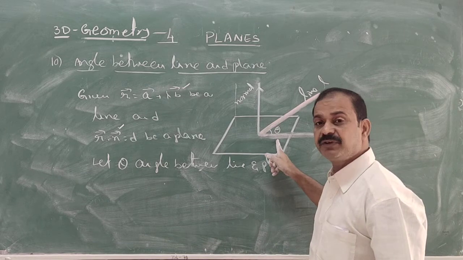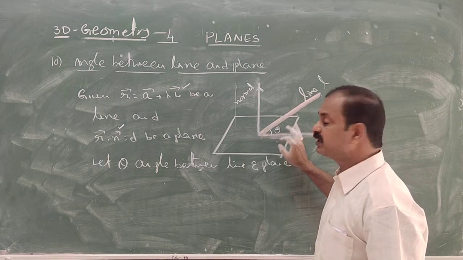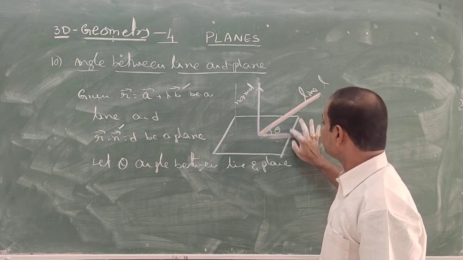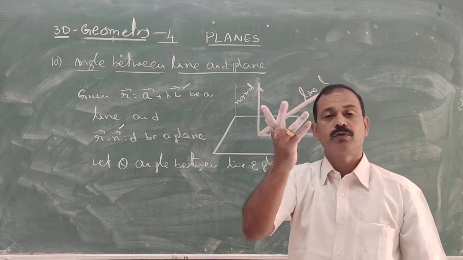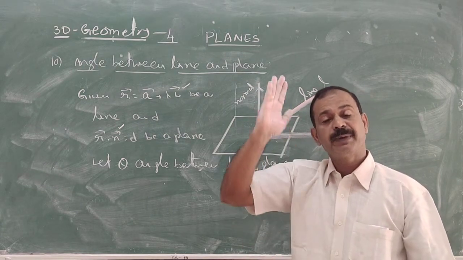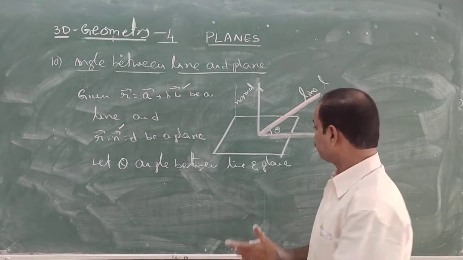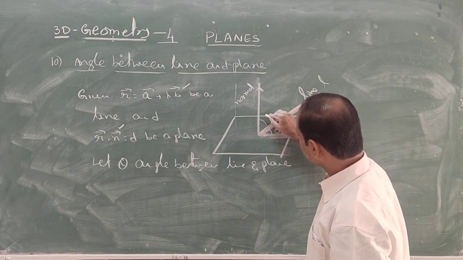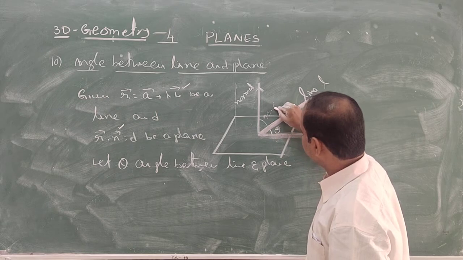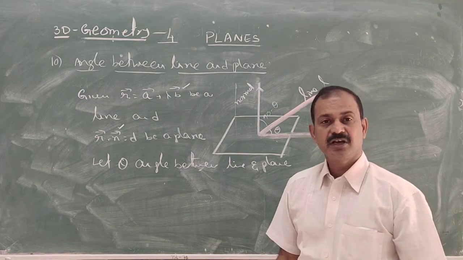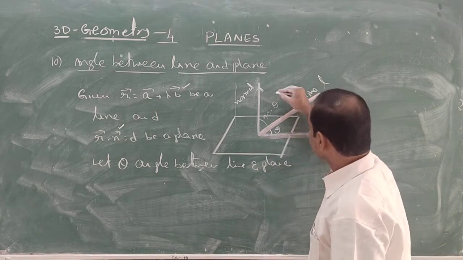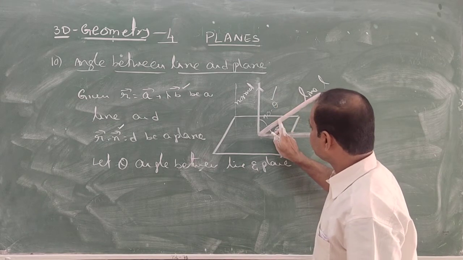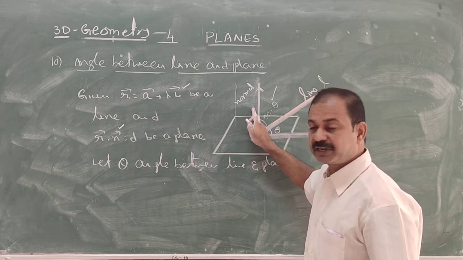But what angle is given to us? The angle between line and plane is given. We don't want line and plane, we want the parallel vector and perpendicular vector. If the angle with the plane is theta, automatically this angle will be 90 minus theta. So when you find the angle, you have to consider the angle between parallel vector and perpendicular vector only.